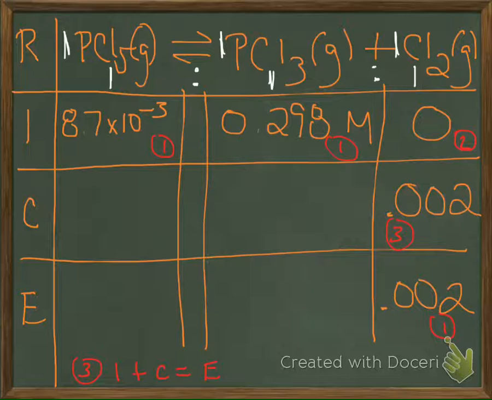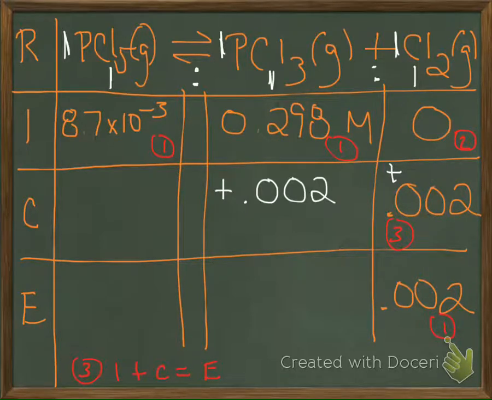Now if it's all the same ratio, 1 to 1 to 1, the change should be the same for each one of them. So if this increased by 0.002, and it increased because products are always appearing, then this should also appear at 0.002.